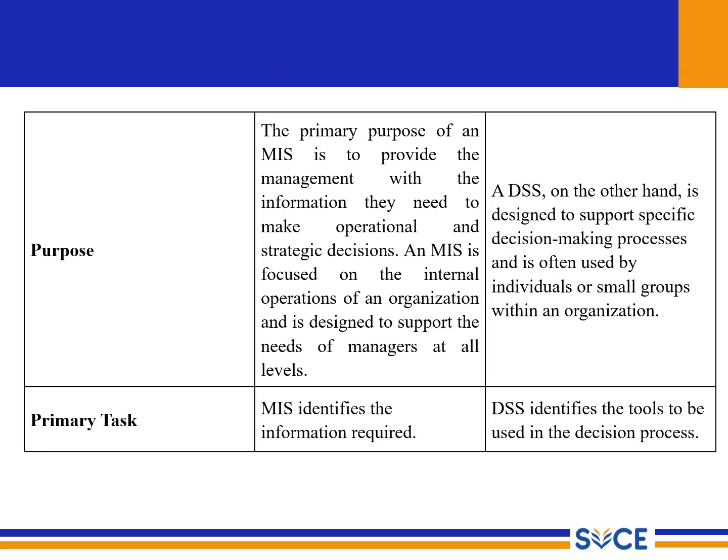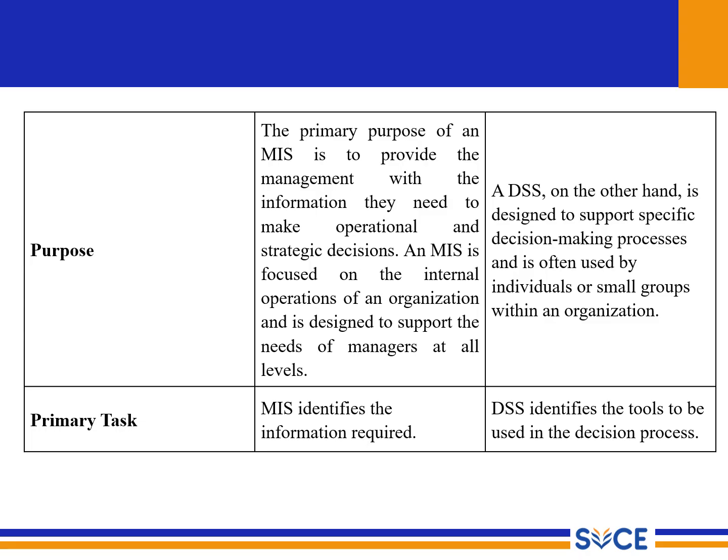Let me tell you from what perspectives MIS is different from DSS. First, for the purpose, the primary purpose of MIS is to provide the management with the information they need to make operational and strategic decisions.